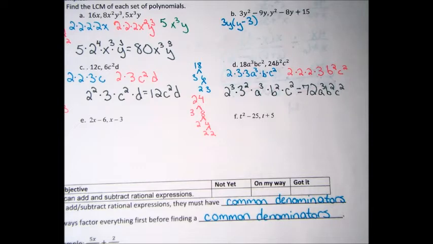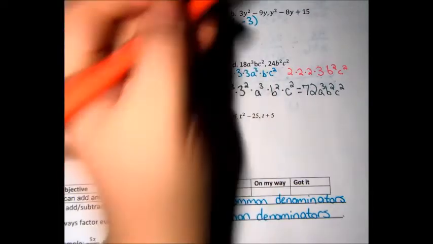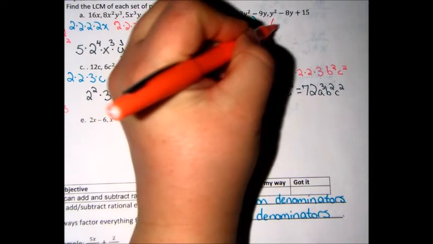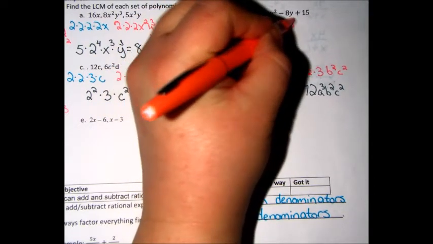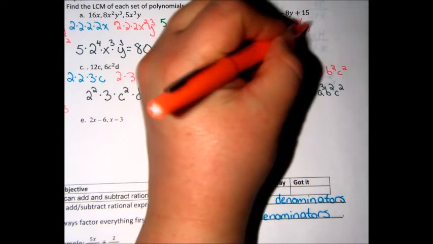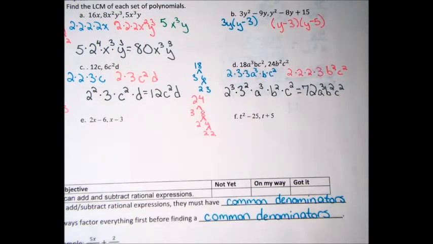Toss it in the box and take out your common terms. You may want to pause the video to be able to do that. You should have ended up with the factors of y minus 3 and y minus 5 for the second one.